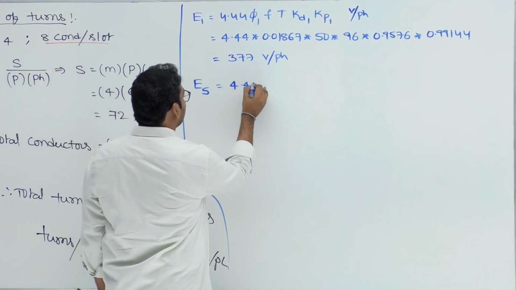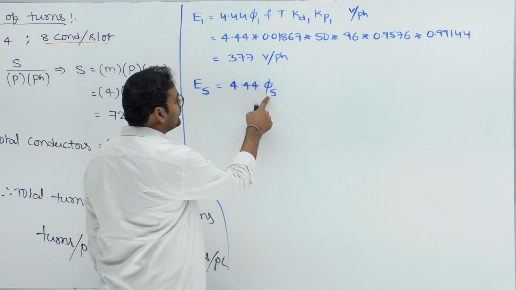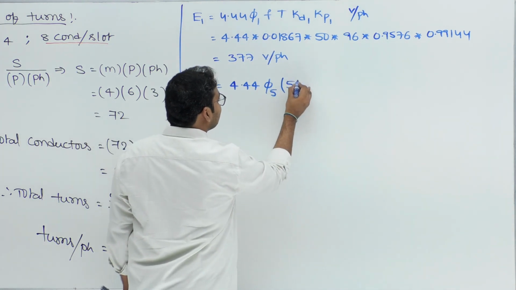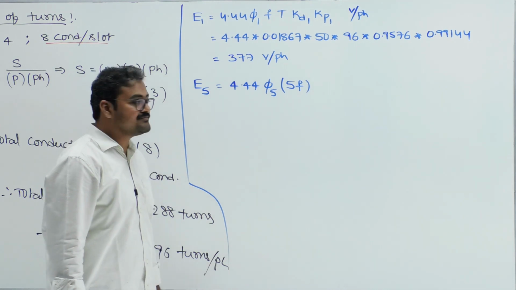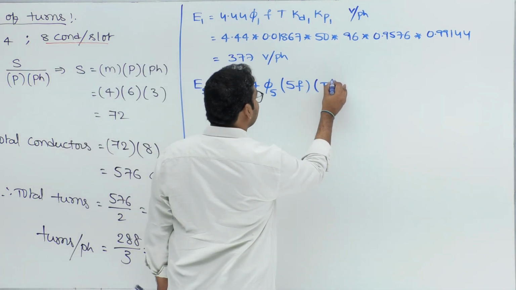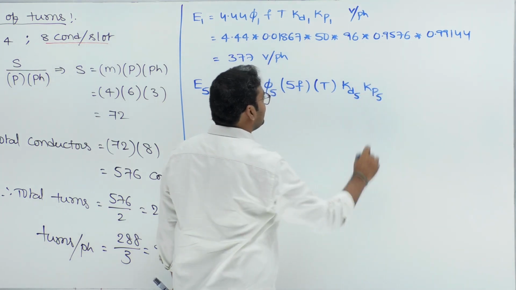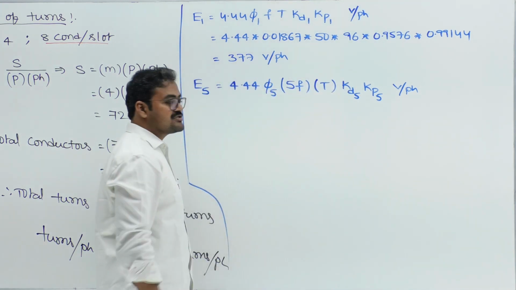Next, similarly, calculate the fifth harmonic EMF per phase. Same formula, 4.44 into, but I have to substitute the fifth harmonic flux per pole. Next, frequency: if fundamental frequency is F, fifth harmonic frequency will be equal to 5F. Next, number of turns, fifth harmonic distribution factor, fifth harmonic pitch factor. You understand the variations in the equation?